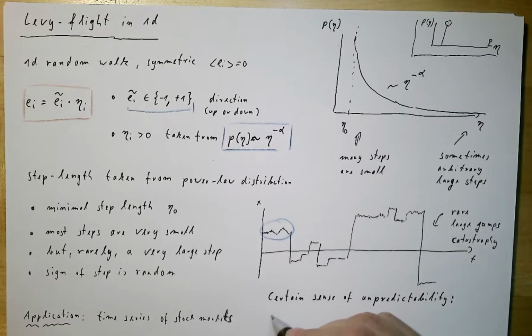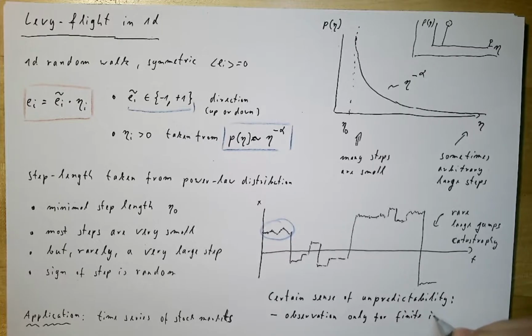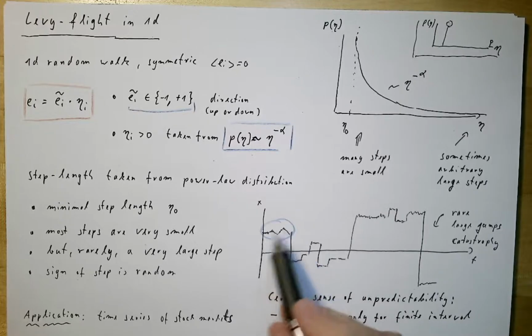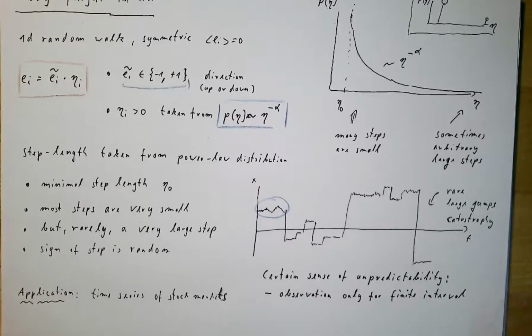So in the sense that if you have observation only for a finite interval, for example this blue here, this could give you a very wrong impression about the long-term behavior.